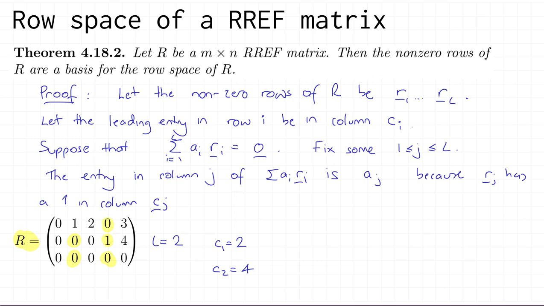Remember, in a row-reduced echelon form matrix, all leading entries must be 1. And also, all other entries in that column must be 0. So Rj' for j' not equal to j are 0 in column Cj.